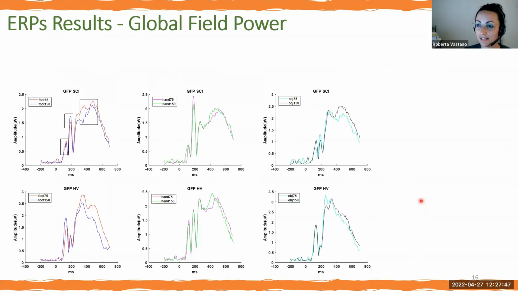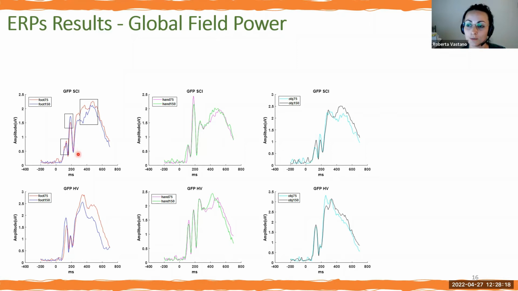In terms of brain data, here I'm going to show the global field power, which is a simple measure of a spatial standard deviation. So it's a spatial standard deviation calculated across all the electrodes. So it's spatially insensitive, but it usually is done to precede some temporally focused analysis. And this is mainly done to make sure that we have the time windows in which we're going to see those components.